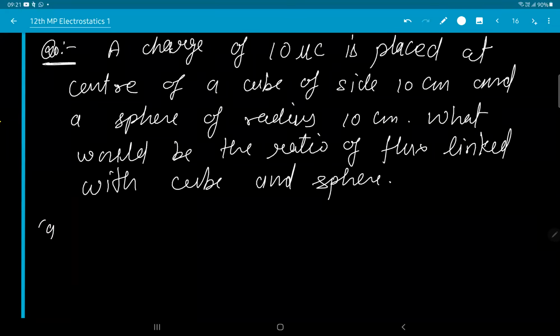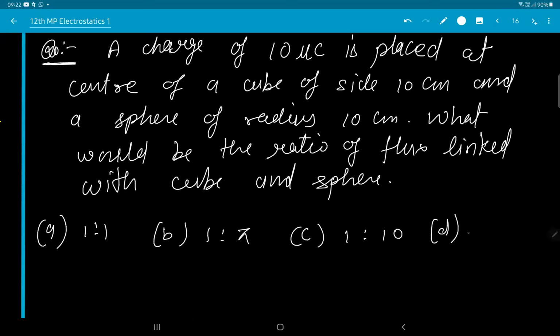Your options are A 1:1, B 1:pi, C pi r cube, 1:10, and D 10:3 pi. Tell me the answer.